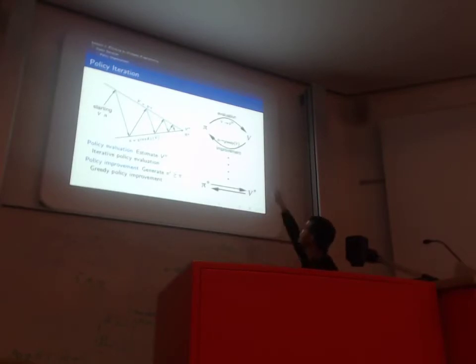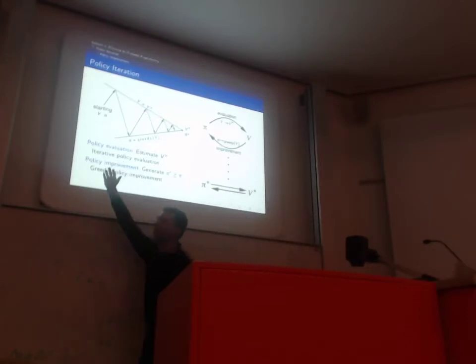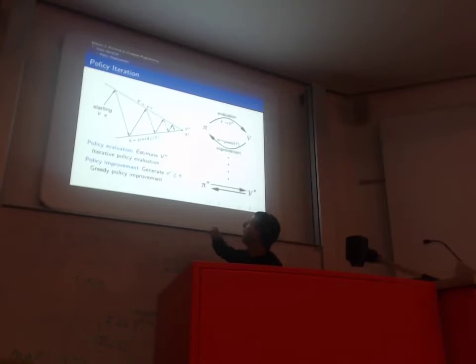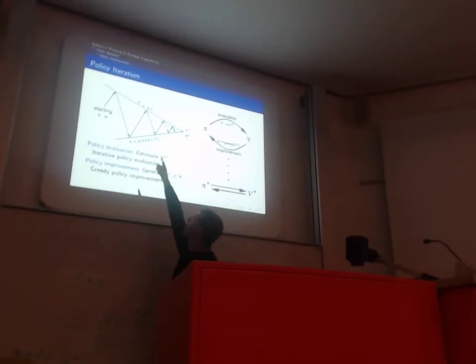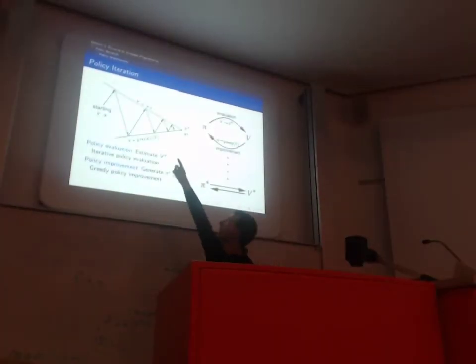So we're interleaving, going round and round this loop where we start off with a value function and a policy. That's the starting point here. We start off with some value function and some policy. We evaluate that policy. That takes us to the top of this diagram. That gives us a new value function. That new value function gives us a new policy by acting greedily with respect to that value function.